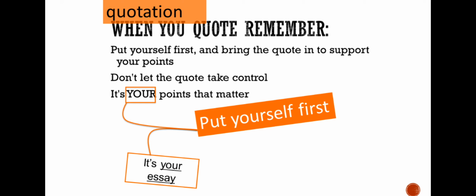However, if you are quoting and it's really relevant that you do quote, you should know how to present that quote. For example, you would introduce the quote, you would probably say, according to Smith, and then open the quotation marks and start the quote, making sure that the sentence is grammatically correct.